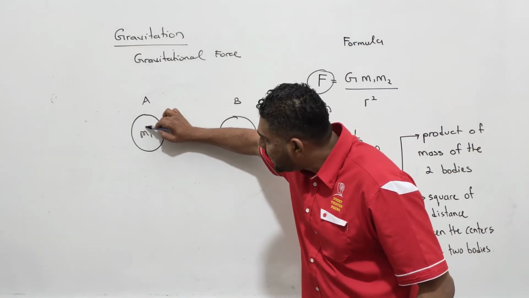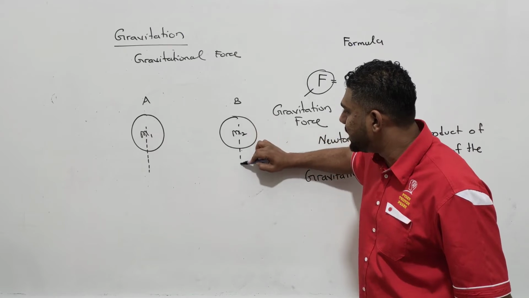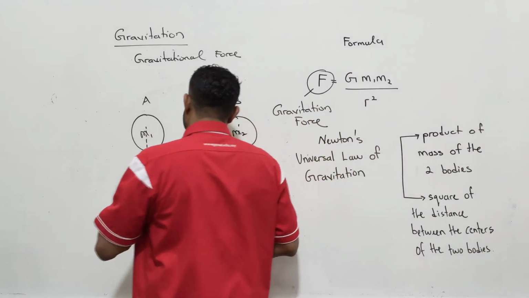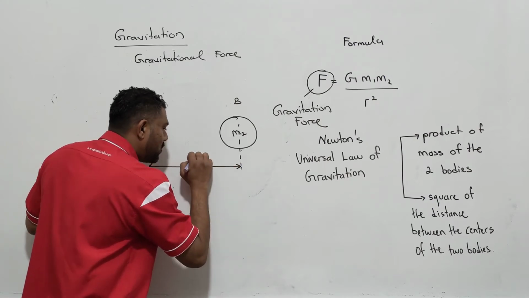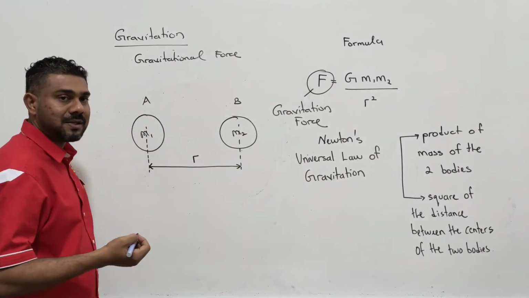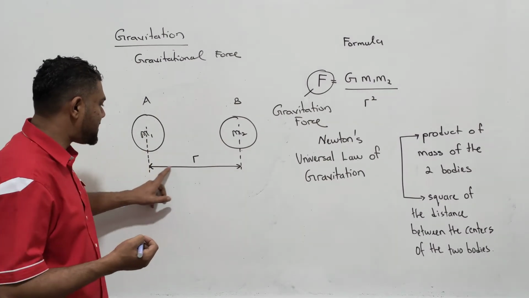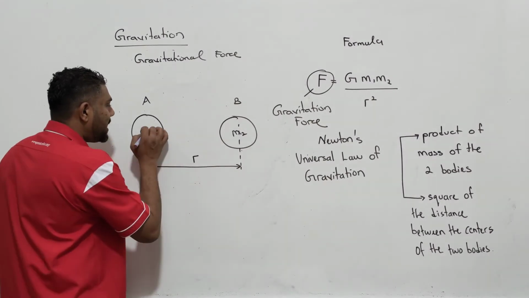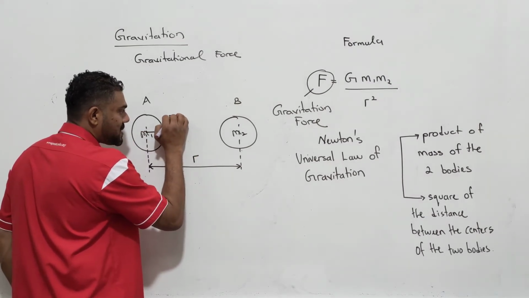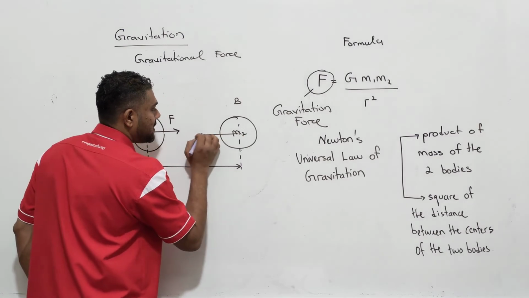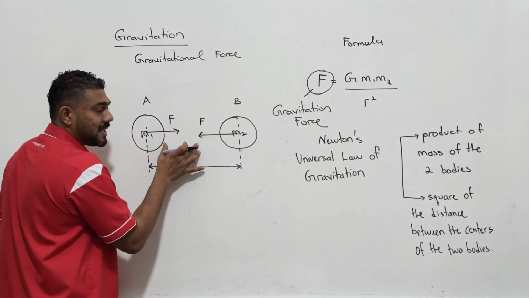Now exactly in the middle, the distance from the middle of these two planets, we are going to label it as R. And your gravitational force is this. And remember what I told you? That the gravitational force is the same.